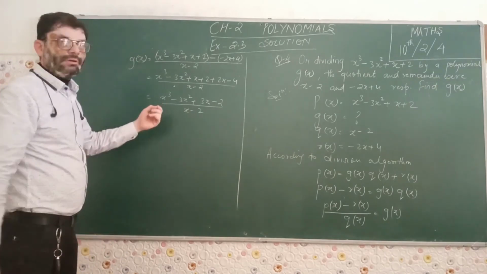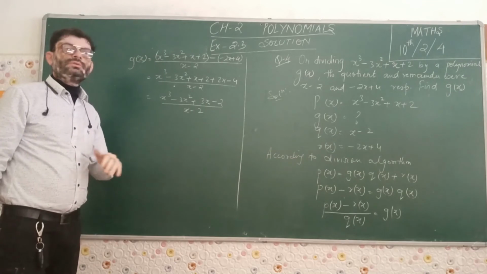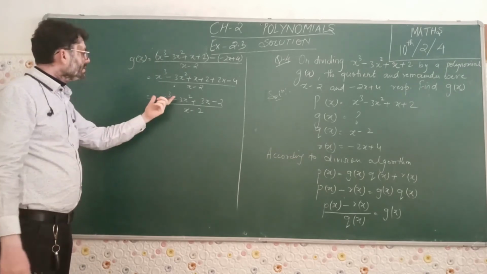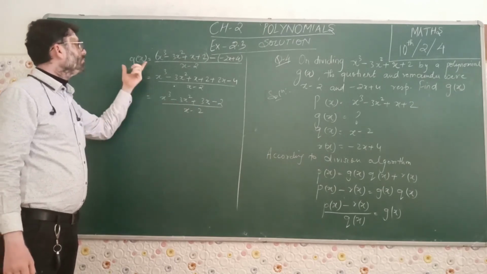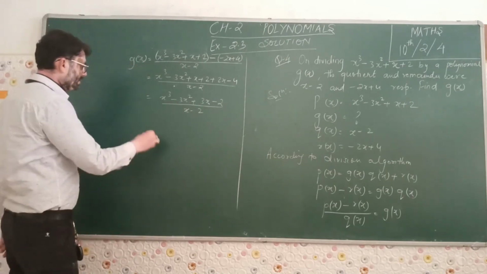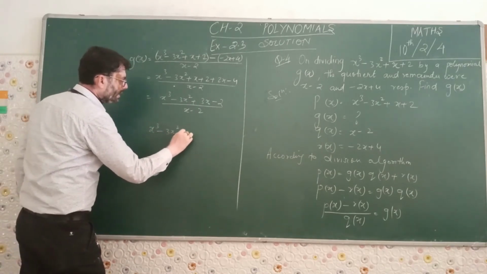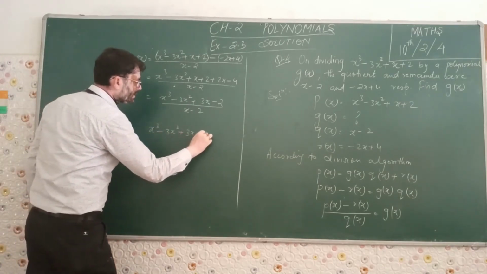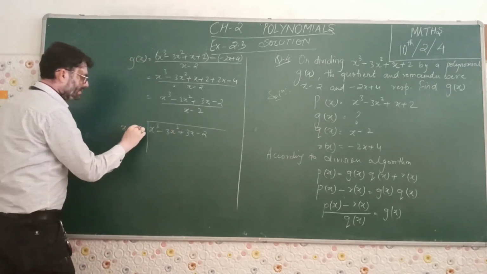Now we have simplified it. Both the numerator and denominator are in the decreasing form of the order of power of x. So let us divide the numerator by the denominator and obtain the value for g of x. Let us divide it. X cube minus 3x square plus 3x minus 2 divided by x minus 2.